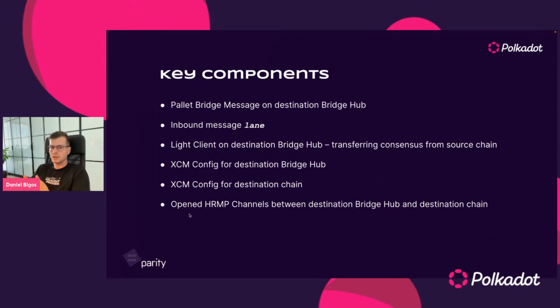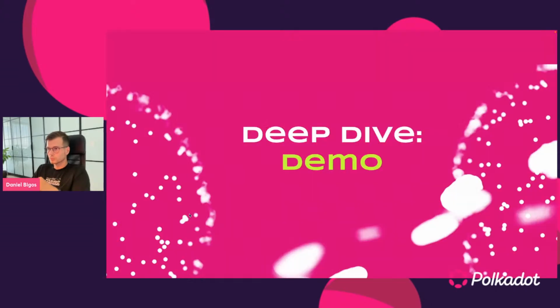Also, at the destination bridge hub we will have light client verification of whether incoming messages are finalized. Of course, we need proper runtime configuration for the bridge hub. We need proper runtime configuration for the destination chain, which is the asset hub in that case. And we need opened HRMP channels between the destination bridge hub and the destination chain. About the configuration, we will talk during the code walkthrough.